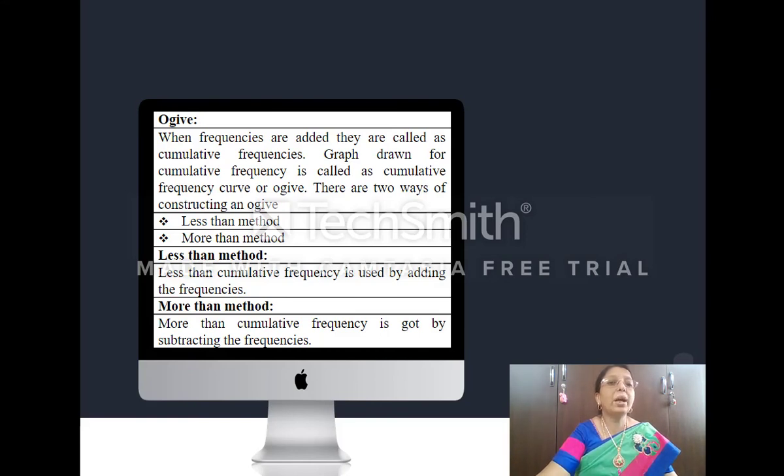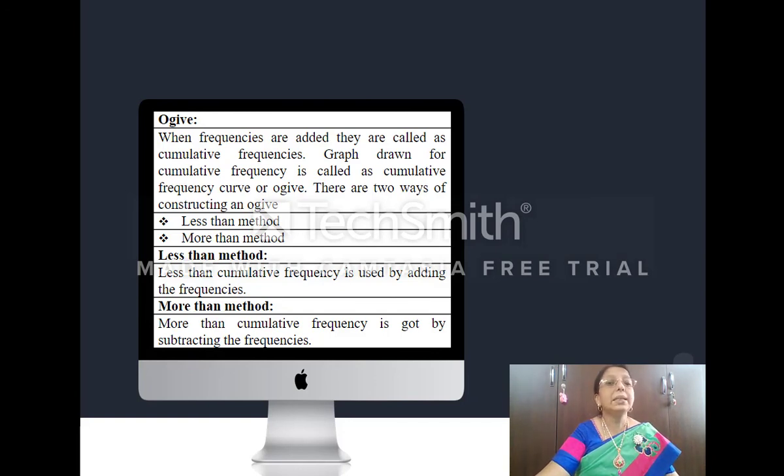You write the first value as it is and then start adding the values. So the first value is 5. The next cumulative frequency is 5 plus 3, 8. 8 plus 2, 10. 10 plus 1, 11. So this is your less than cumulative frequency: when the values are added from the top, with frequency 5, 3, 2, 1, the cumulative frequency is 5, 8, 10, 11.